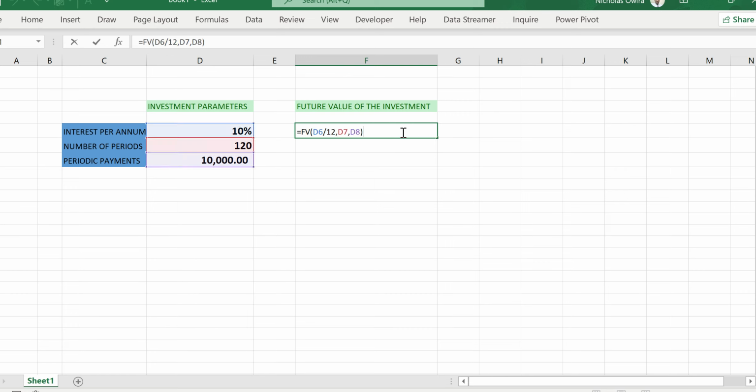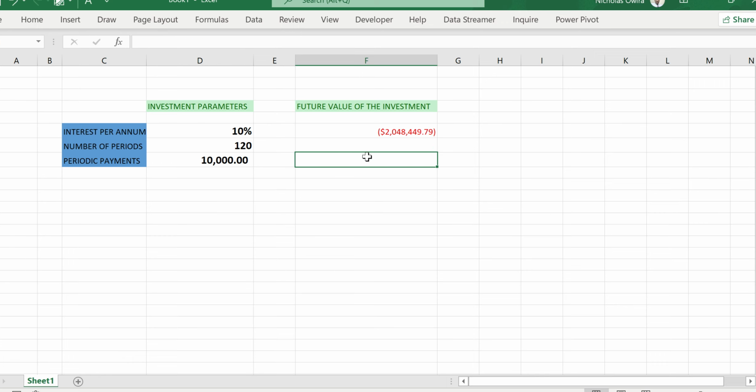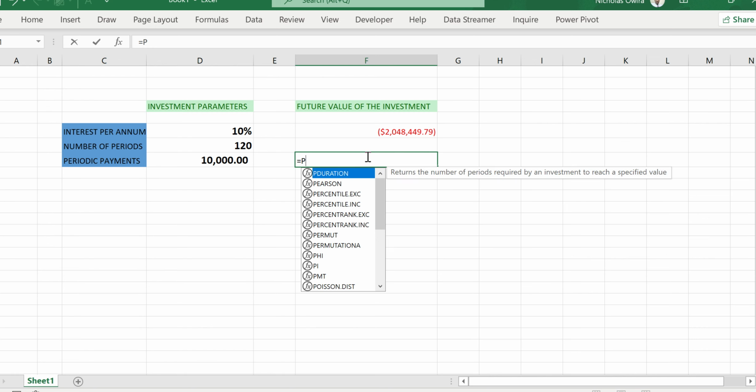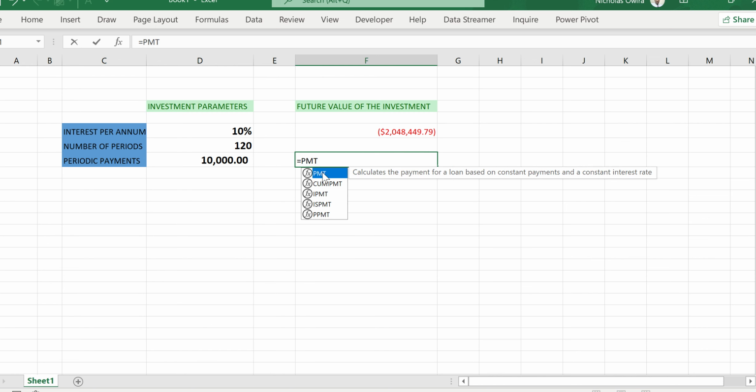This value is negative because whenever we talk about a function like PMT, the payment per term, it calculates the payment for a loan based on constant payments and a constant interest rate. This function always assumes that the output we expect is going to be negative.